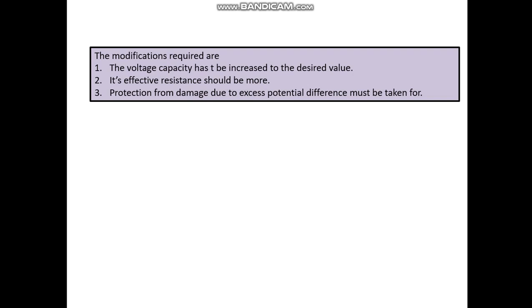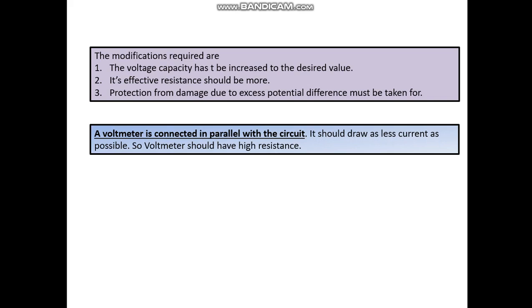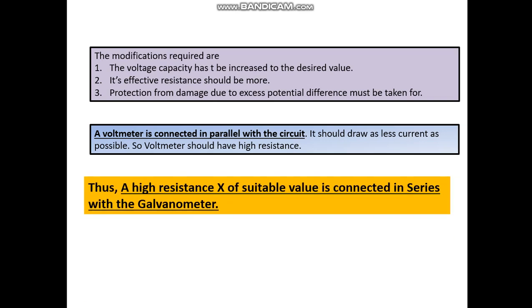Its effective resistance should be more. Protection from damage due to excess potential difference must be taken care of. As a voltmeter is connected in parallel with the circuit, it should draw as little current as possible. So a voltmeter should have high resistance. Thus, a high resistance X of suitable value is connected in series with the galvanometer.